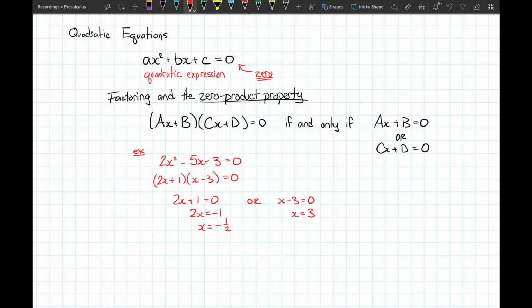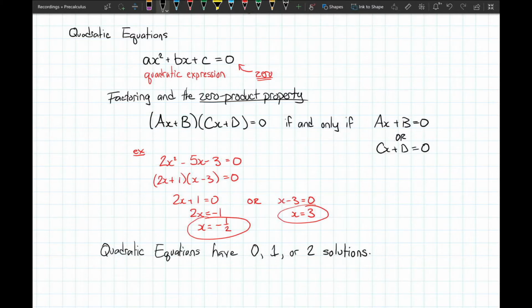That gives you two solutions: x = -1/2 and x = 3. Two solutions for a quadratic equation. As it turns out, quadratic equations can have two solutions, but they may have only one solution, or they may have 0 solutions.